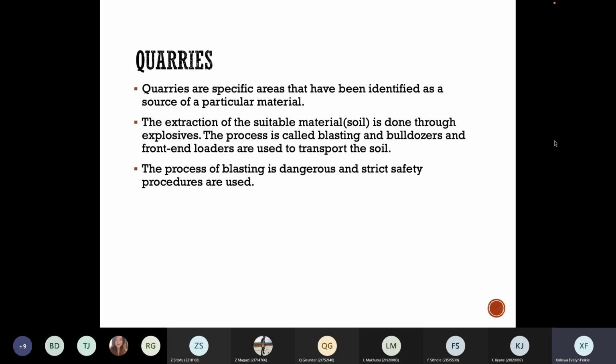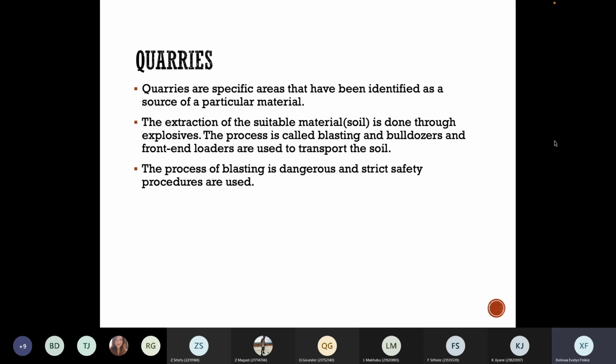So the process is called blasting, and bulldozers and front-end loaders are used to transport the soil. They use explosives to make the soil loose, and then move the soil from the quarry to site. The process of blasting is dangerous and strict safety procedures are used. Yes, it is dangerous because they use explosives.